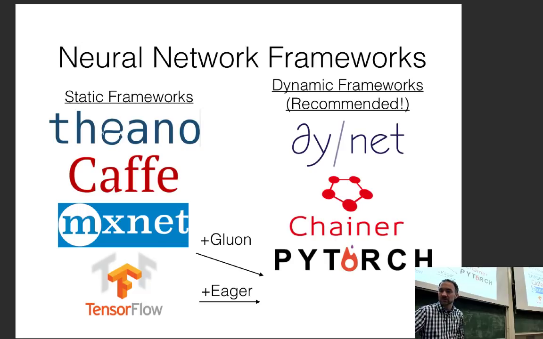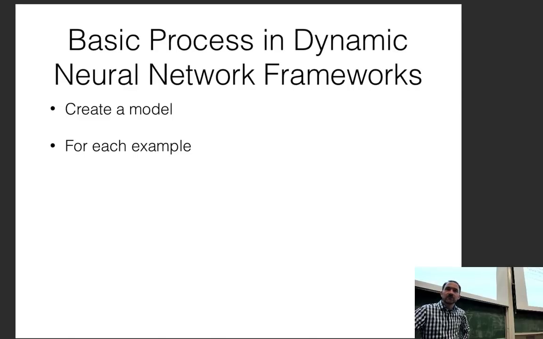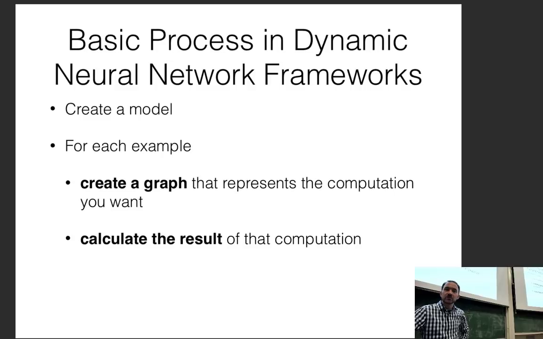But just to give an overview, the basic process of training in a dynamic neural network framework is you create a model, you declare its parameters, et cetera. And then for each example, you create a computation graph that represents the computation that you want. You calculate the result of that computation.